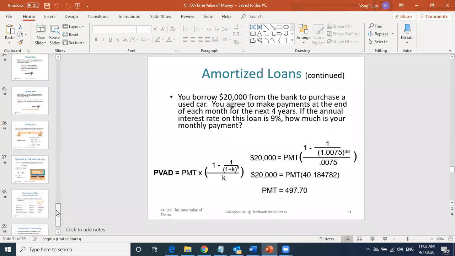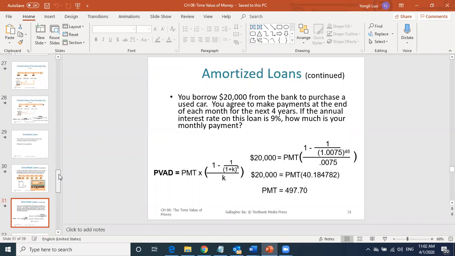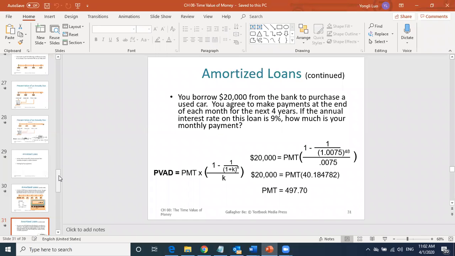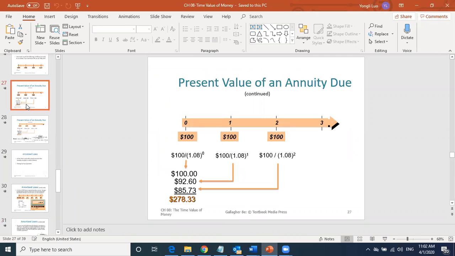Last time, we talked about the present value and future value of a single amount question, and also the present value and future value of ordinary annuity and annuity due.